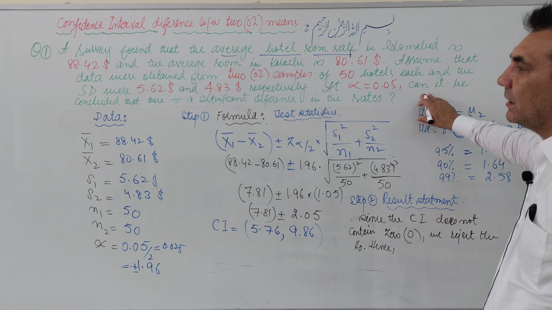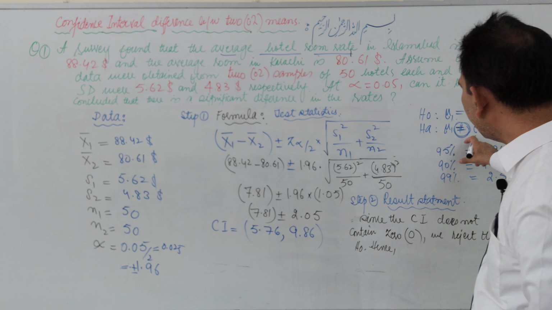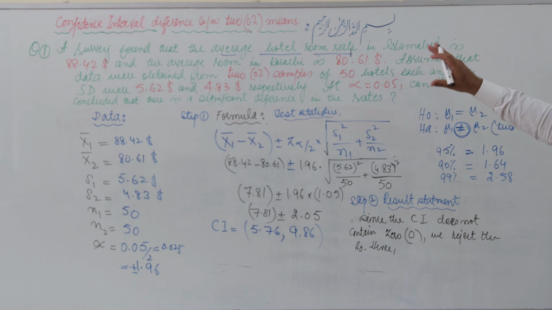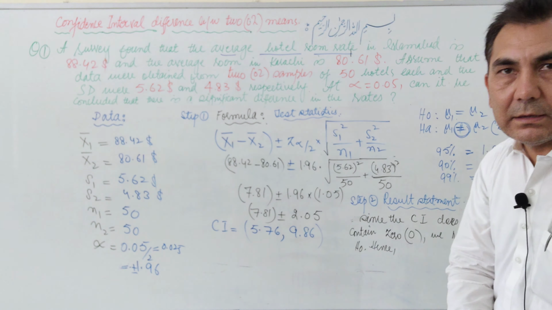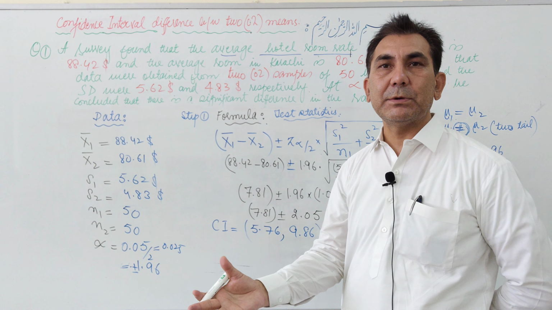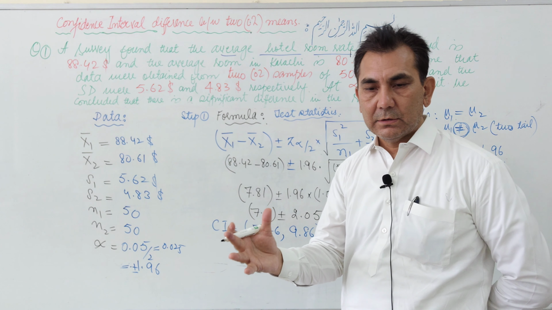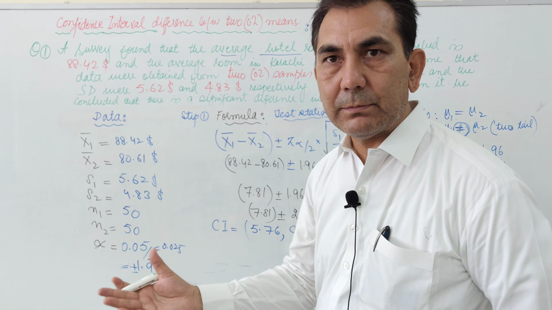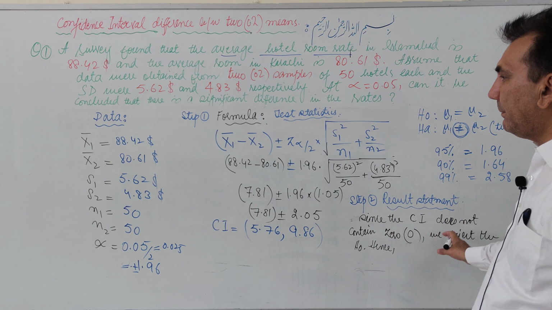What did the researcher claim in the research question? He claimed in the alternate hypothesis that the mean or average hotel room rate in Islamabad city and Karachi city are not equal. There is a difference between the average room rate of the two cities. So hence we reject the null hypothesis.